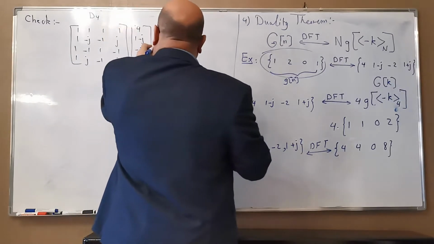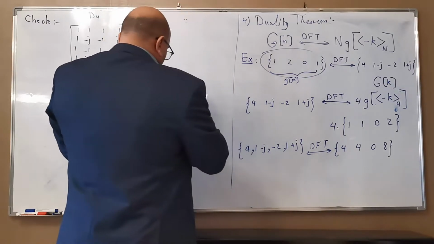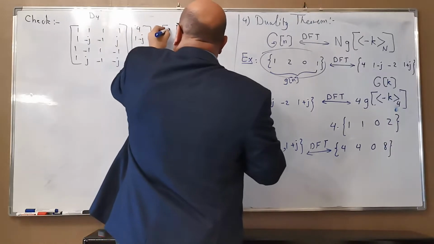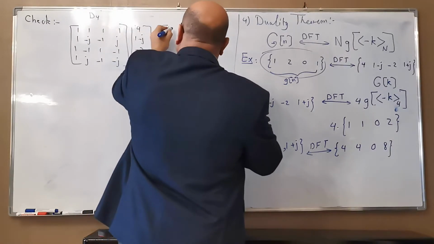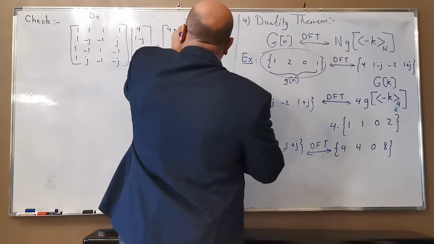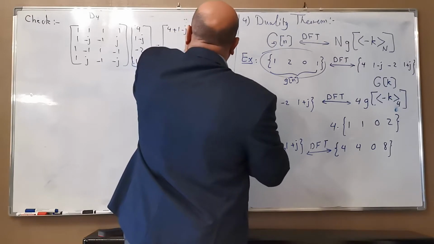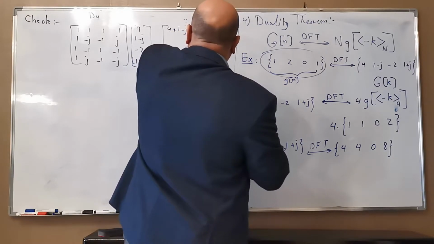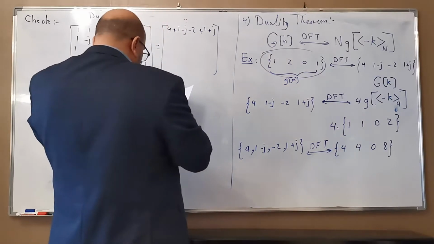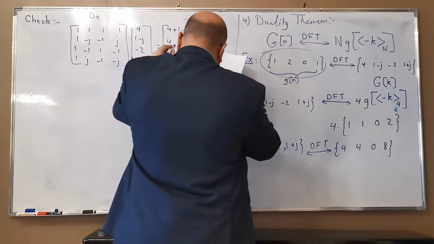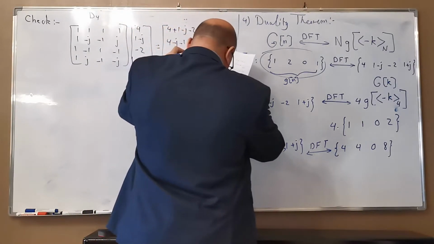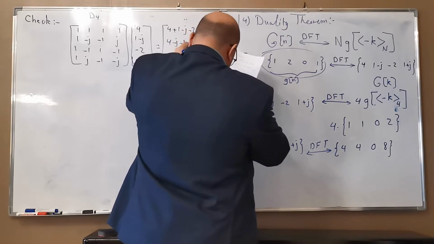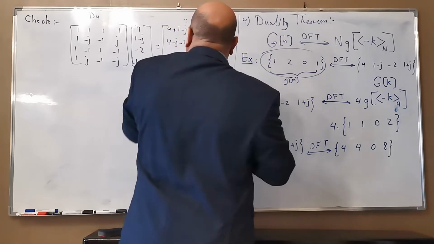And if we apply this, you will get from the first one, it's 4 plus 1 minus j minus 2 plus 1 plus j. So this is the first element. The second element is 4 minus j minus 1 plus 2 plus j minus 1.